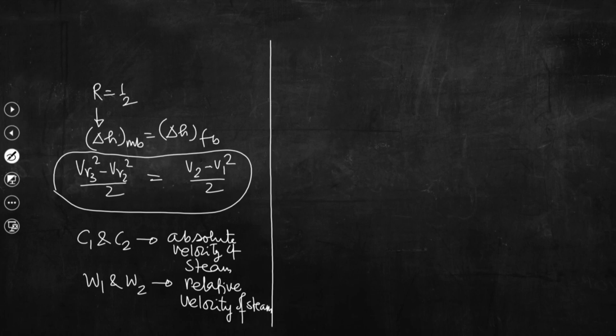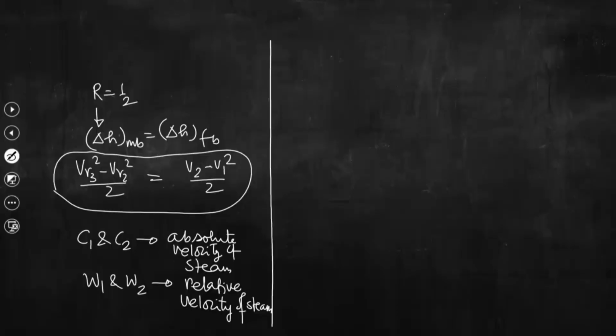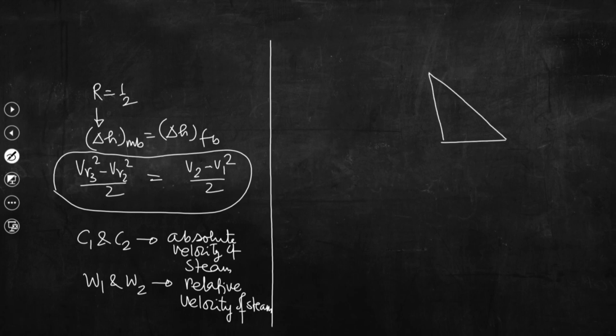Relative velocity of steam. If we draw the velocity triangle for this particular case, this is the inlet velocity triangle.